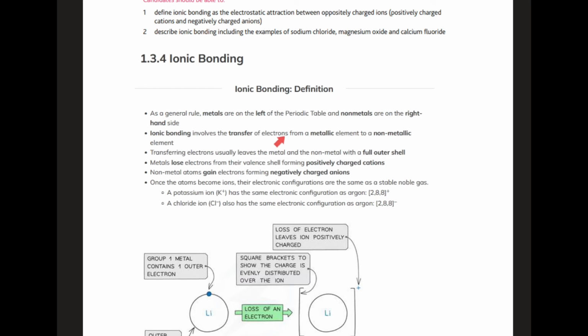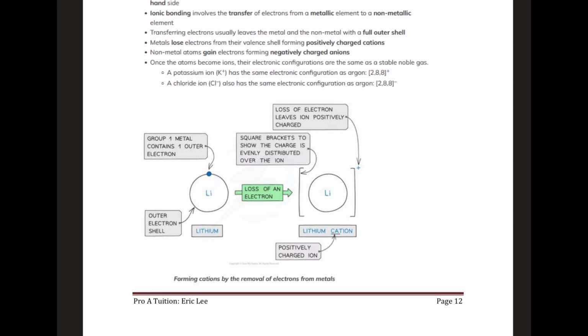Transfer of electrons happens, not sharing. Transferring electrons usually leaves the metal and the non-metal with a full outer shell. So after transferring, the metal will have a full outer shell, and the non-metal will also have a full outer shell. So example, let's see the picture here.